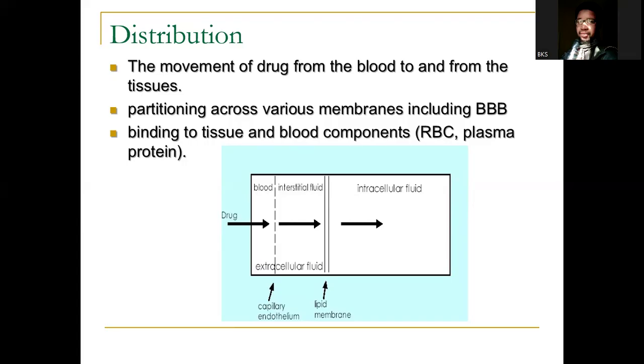A significant amount of them may be unable to get through, screened out based on some parameters, which majorly have to do with polarity. The more lipophilic ones find themselves inside.